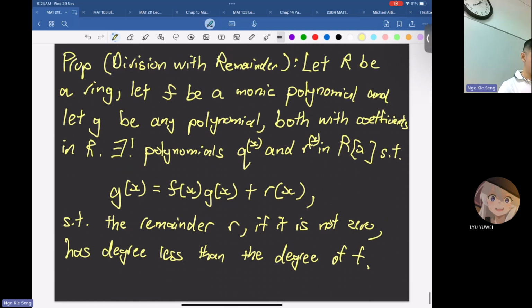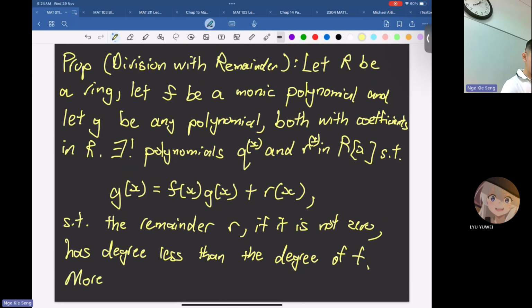We'll say that F divides G in the polynomial ring if and only if R equals 0. This proposition is important in the sense that we can divide.